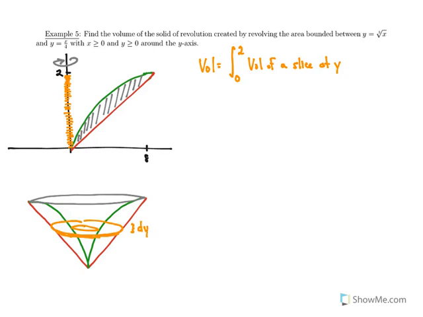And we need to figure out what the radii are going to be. What is the big radius of this slice? And what is the small radius of this slice? We can get that information from the original picture if we kind of think about our slice here.